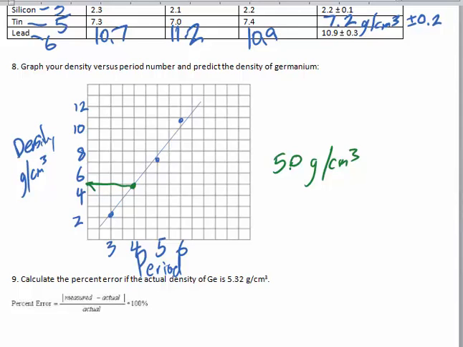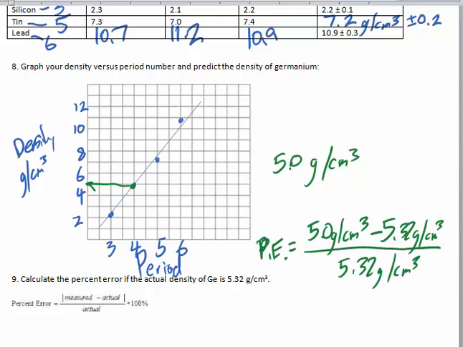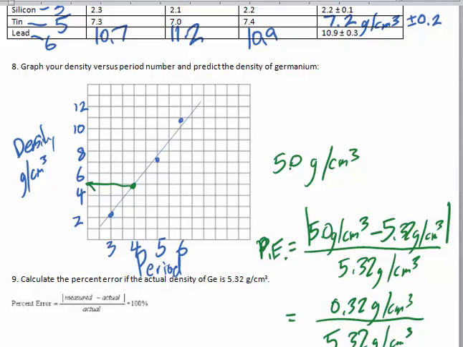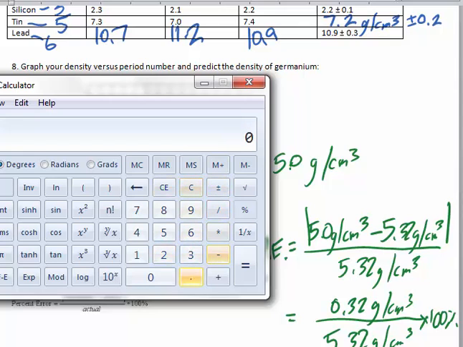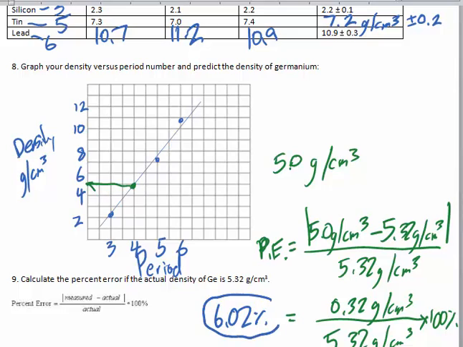And then you put your number in, so PE equals, that's my measured value, and notice this is an absolute value sign over it, so it's 0.32 divided by 5.32, and you do have to multiply by 100%, and when you do that, you get 6.02%. And that's how you do all the questions on the review sheet.